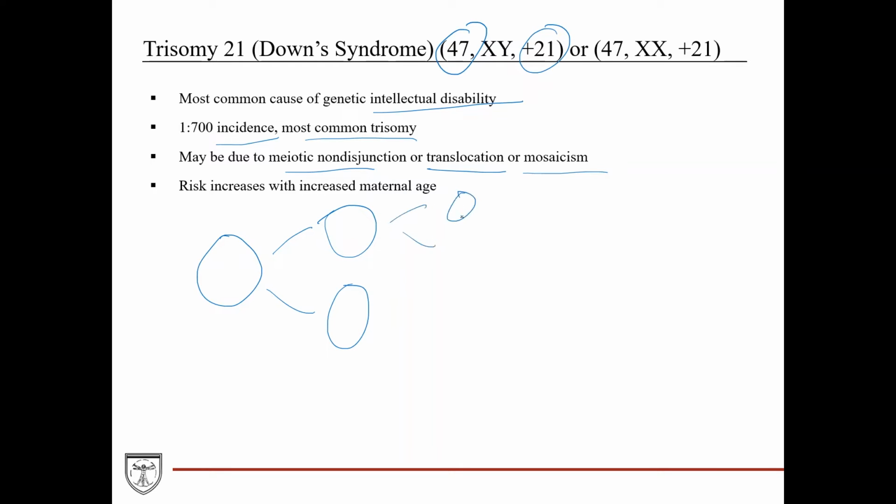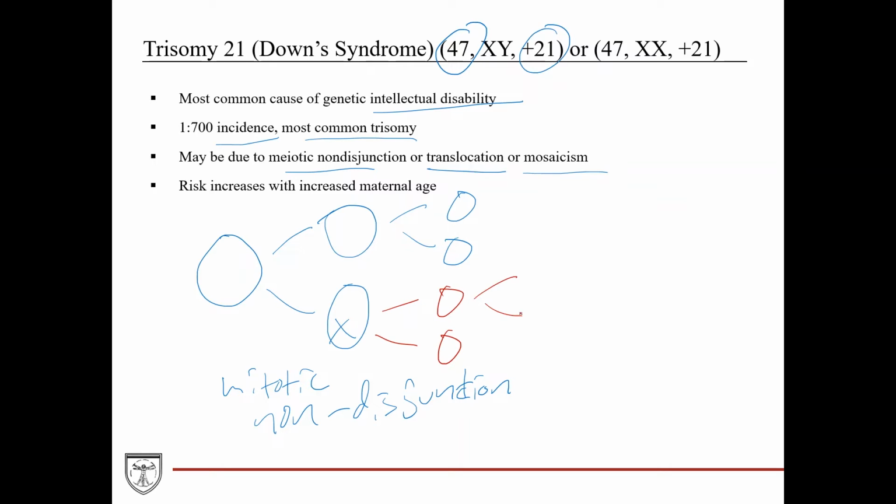This one keeps dividing normally, but let's say there was a mutation that occurred here, or a non-disjunction, which would be mitotic non-disjunction, because that can happen during mitosis. And so then you have 2 populations of cells, and these keep dividing and dividing. Meanwhile, these normal cells in blue here also keep dividing.